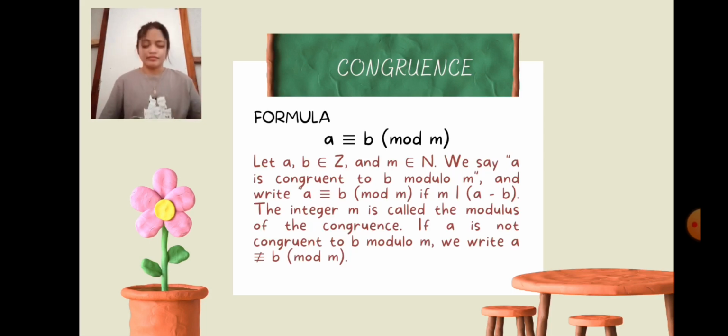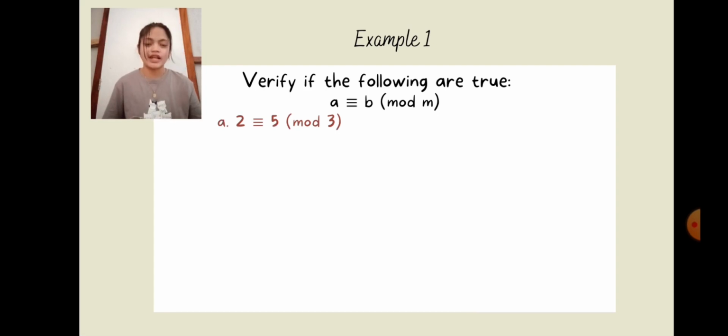To further understand, I have here an example. Verify if the following are true. The given, our formula, is A congruent to B mod M. So we have 2 congruent to 5 mod 3, which we are going to verify.